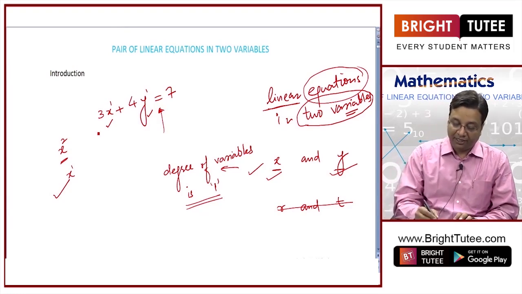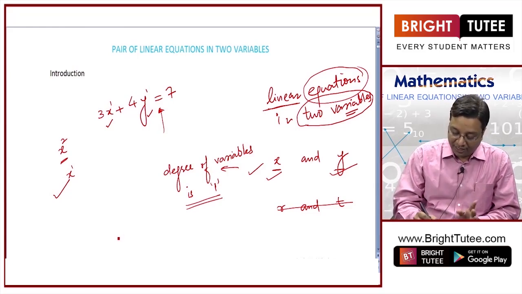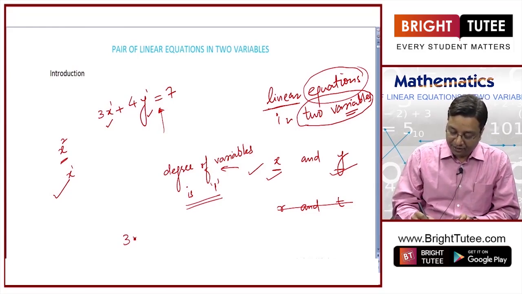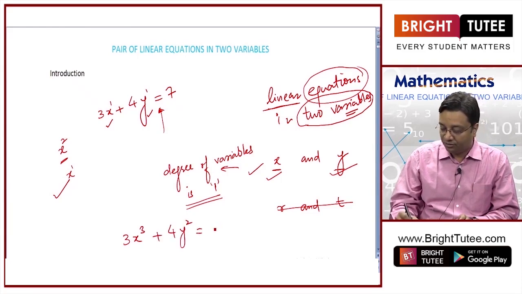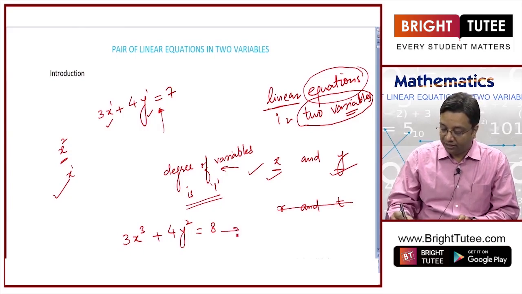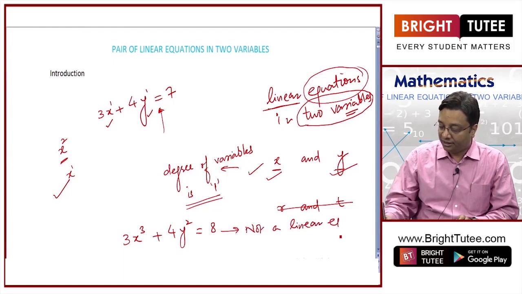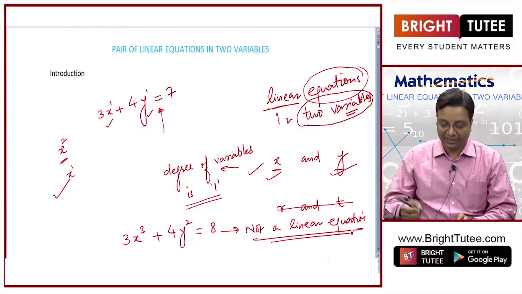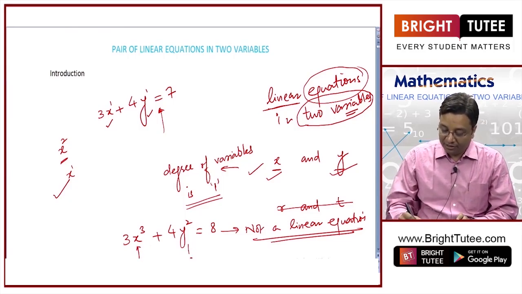Okay, but if I take any other power of x or y, let us say 3x cube plus 4y square equal to 8. Now this is not a linear equation. But some students may say that it has got two variables x and y.